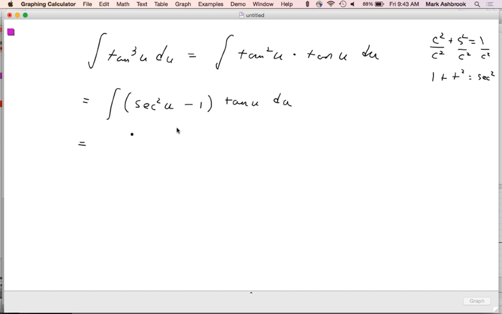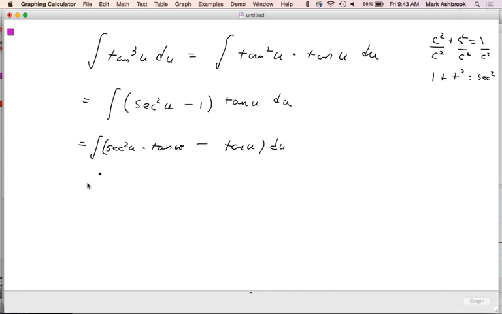Well, notice that secant squared is the derivative of tangent. That sets up nicely, and then we just have to deal with minus tangent. So I got secant squared u times tangent u minus tangent u. So if secant squared is the derivative of tangent, then that's what we want, right?